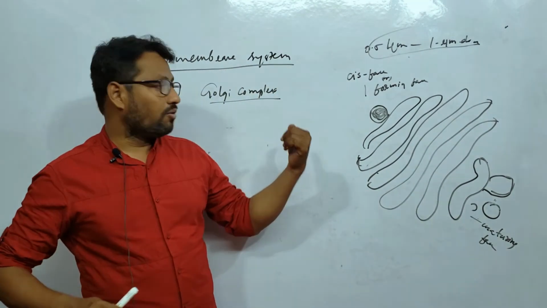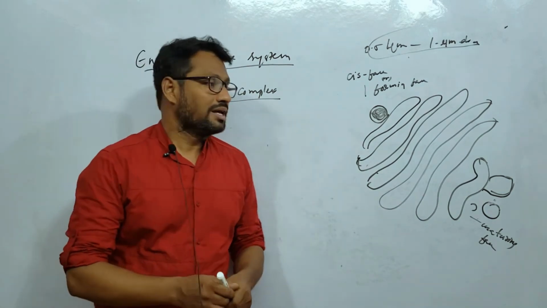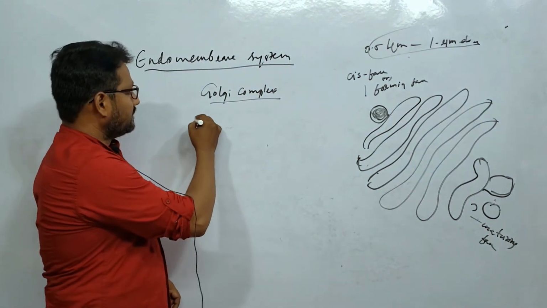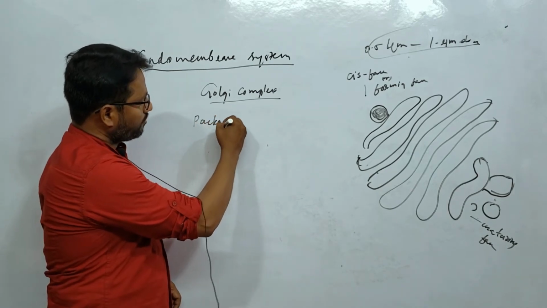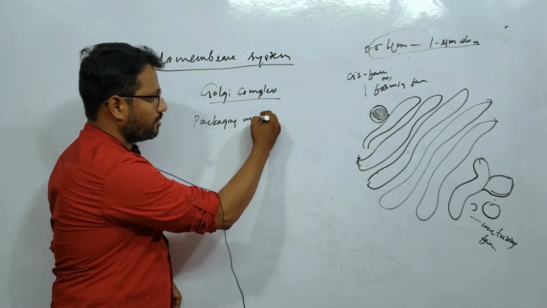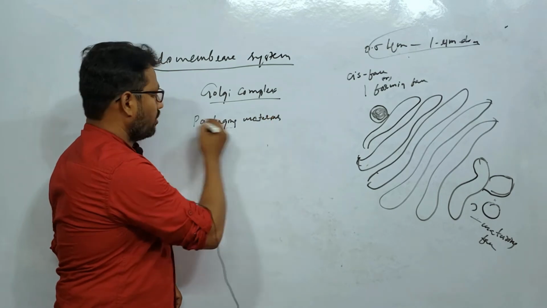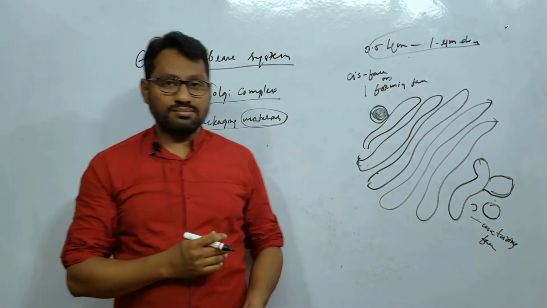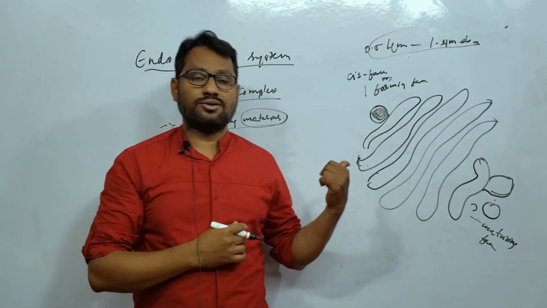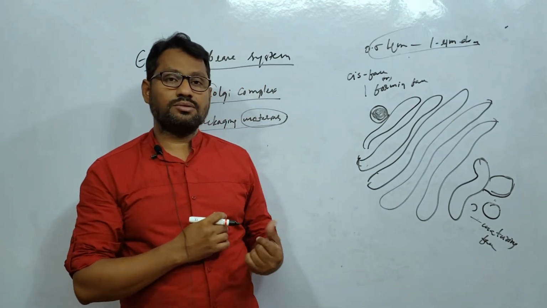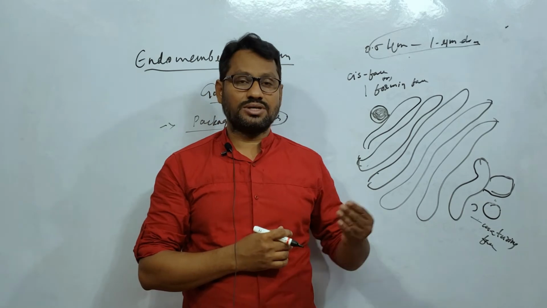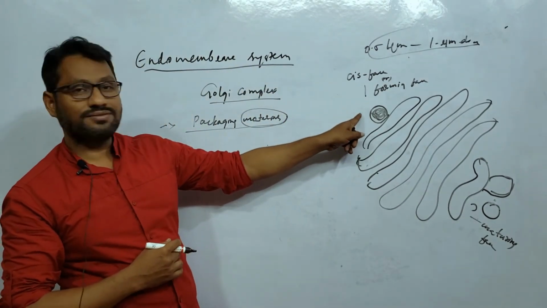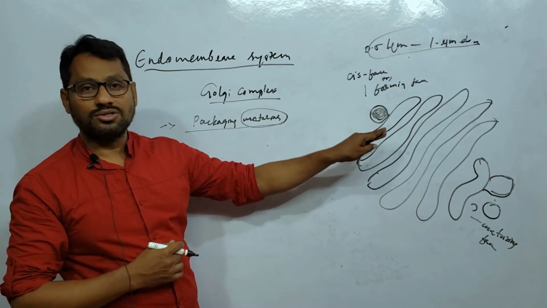Now we will see the main function of the Golgi complex. The main function of the Golgi complex is packaging material. From where will these materials come? They come from the endoplasmic reticulum, because on the endoplasmic reticulum we have ribosomes which synthesize proteins, which are released and accepted at the cis phase, or forming phase, of the Golgi complex.